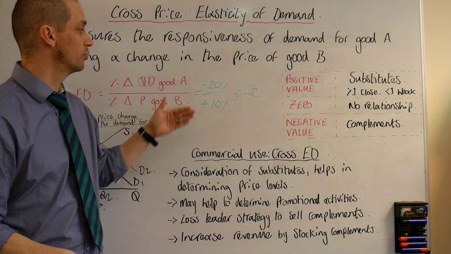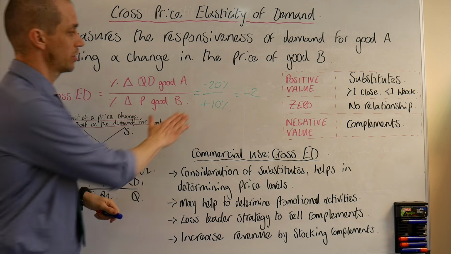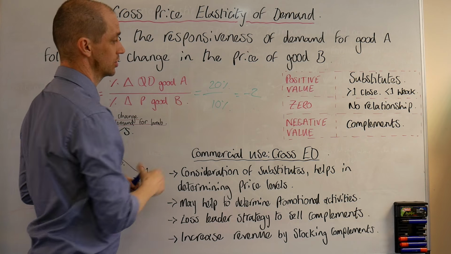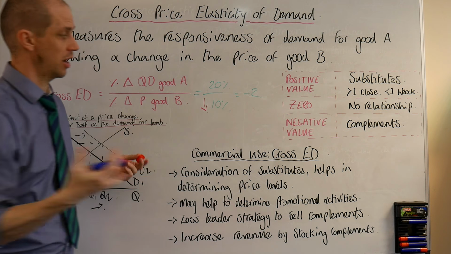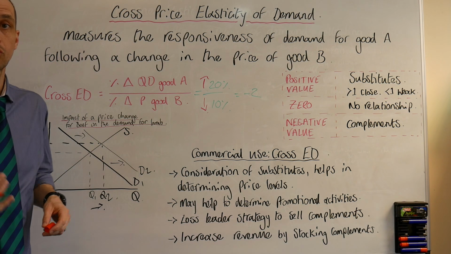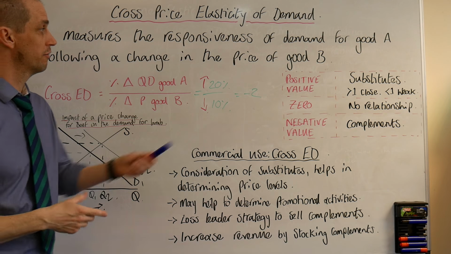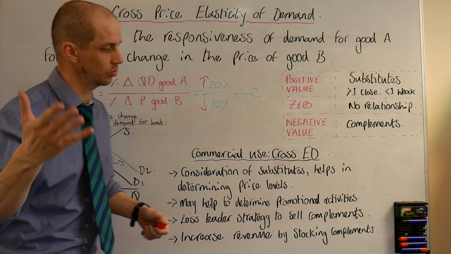So if you reduce the price by 10% of the games console, then it may well mean that demand increases by 20% for your games, or for accessories such as controllers or whatever else goes with it.